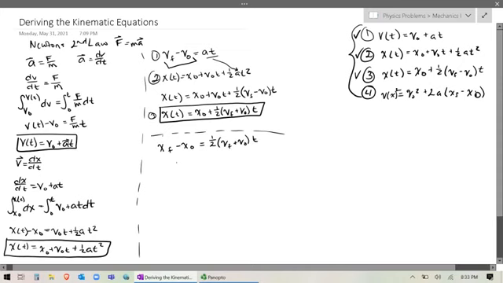What are we going to do next? We need to actually solve this as time as a function of position.